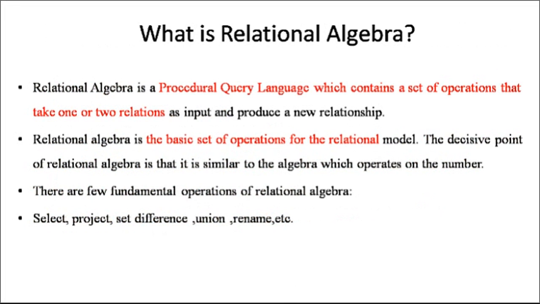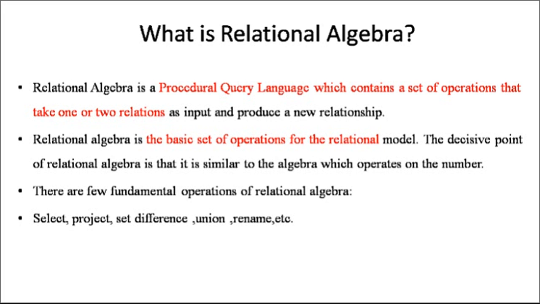So what is relational algebra? Relational algebra is a procedural query language which contains a set of operations that take one or two relations as input and produce a new relation. Relational algebra is the basic set of operations for the relational model.